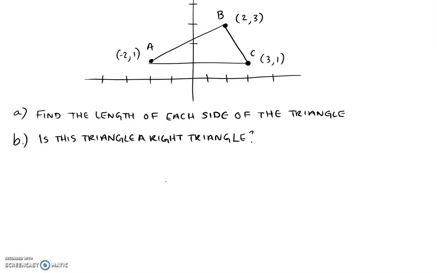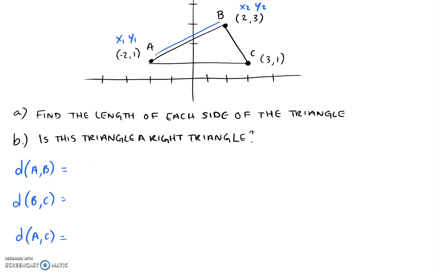So what we can do is set this up by basically saying the distance between A and B, the distance between B and C, and then the distance between A and C. Looking at side AB, meaning this side here, we have our points, and we're going to call this one x1, this one y1, x2, and y2.